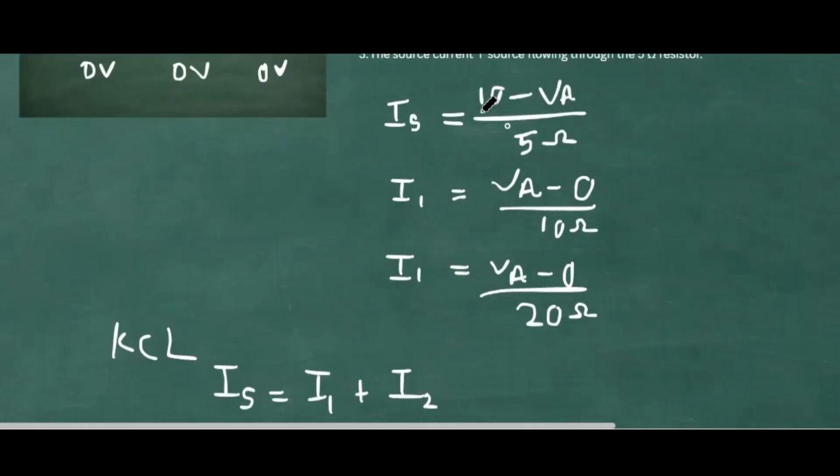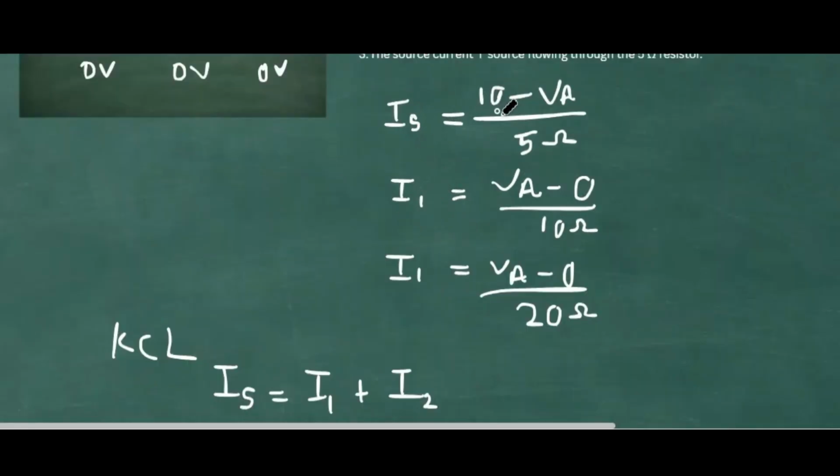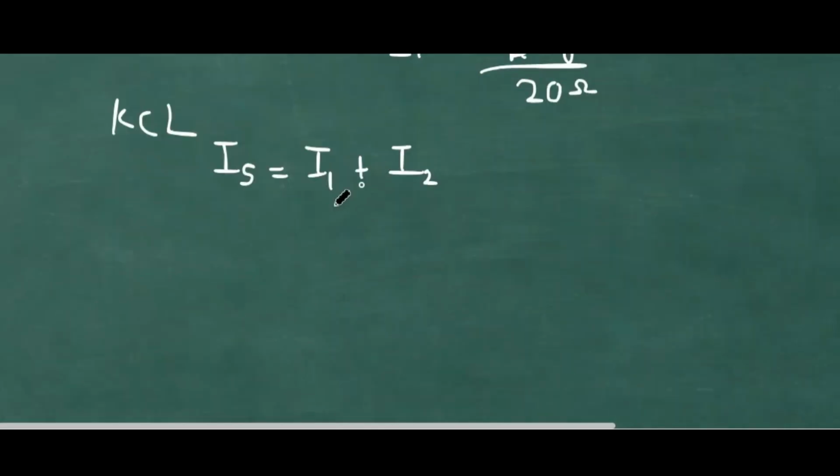We already wrote down the equations for I1, I2 and I source current. I source current is 10 volts minus VA divided by 5 ohms.